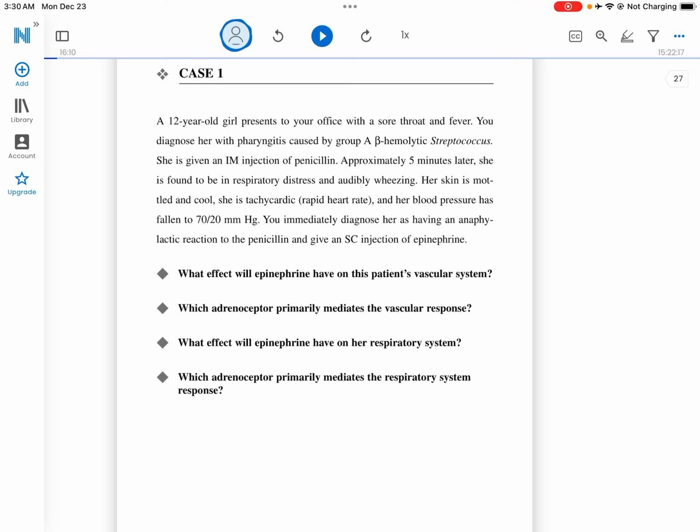We have to lower her heart rate, and to increase the blood pressure we have to give medications that increase the blood pressure while reducing her heart rate. With blood pressure fallen to 70 mmHg, you immediately diagnose her as having an anaphylactic reaction to the penicillin and give an SC injection of epinephrine.